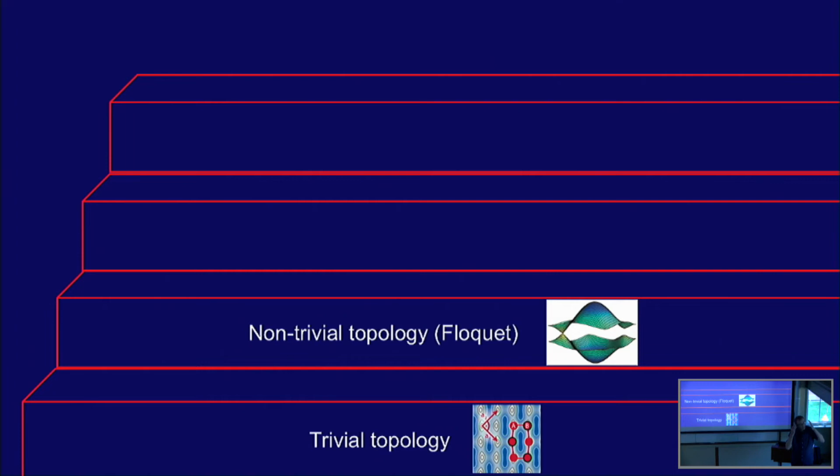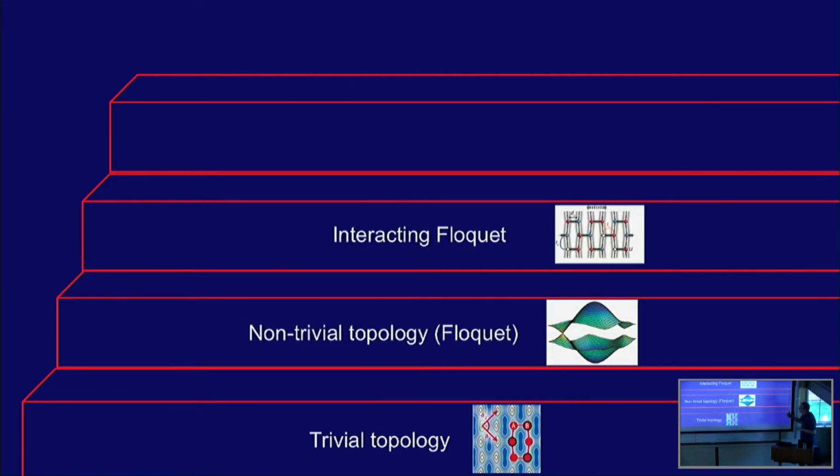Okay, and then you think, maybe one should put in interactions, but by putting in interactions, you already, of course, run into problems. So how does a shaken system work under interactions if you have Hubbard U and so forth? And that will be part of the talk.